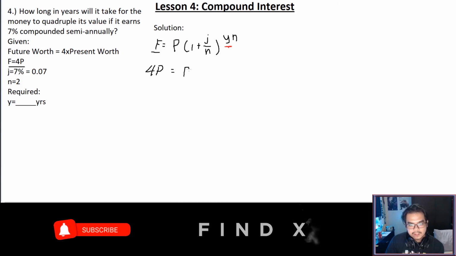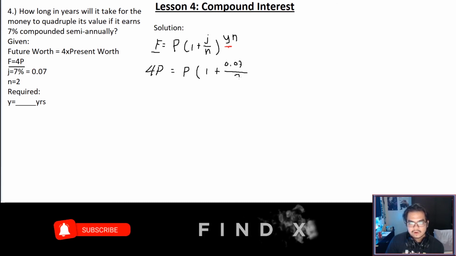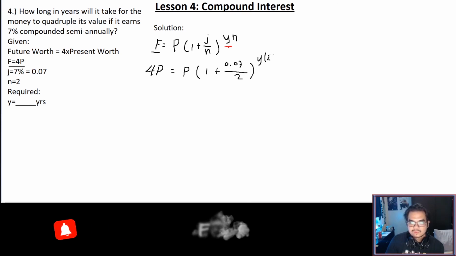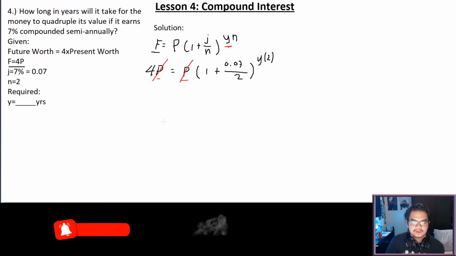This is equal to P times (1 plus j, j is 0.07 over 2) raised to y times 2. As you can see, P is a common factor on both sides, so I can cancel it.